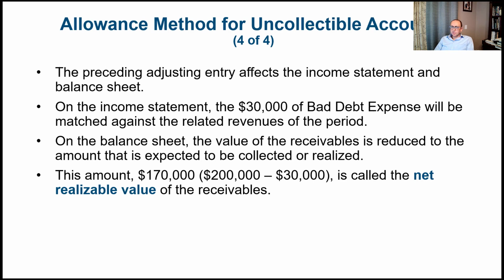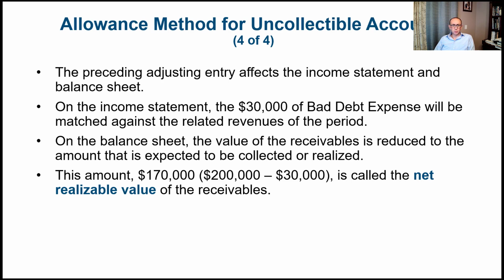So the preceding adjusting entry affects the income statement and the balance sheet. As you can see, we had the bad debt expense and we had the allowance for doubtful accounts. On the income statement, the $30,000 of bad debt expense would be matched against the related revenues of the period. On the balance sheet, the value of the receivable is reduced to the amount that is expected to be collected or realized.